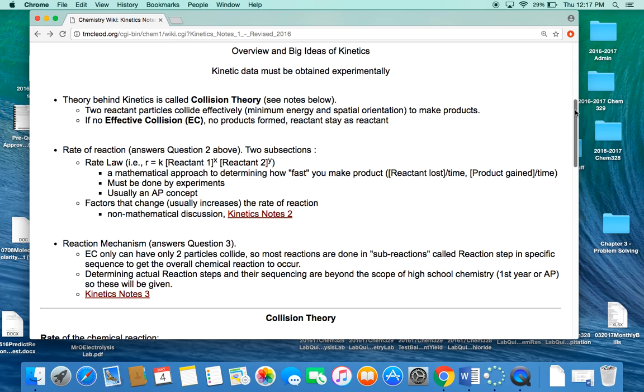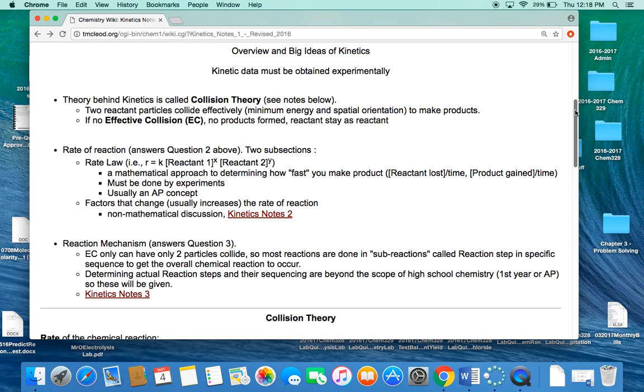So that's one of the defining things: for an effective collision, each particle must have a specific amount of energy called the activation energy, and they must be near each other and in the right three-dimensional orientation. Now, once you have that, the rest of kinetics is basically broken up into two parts.